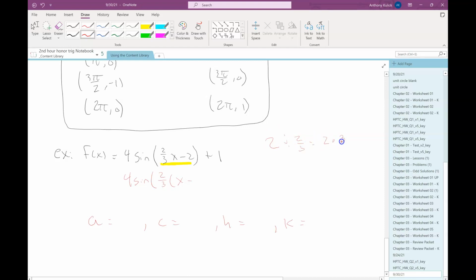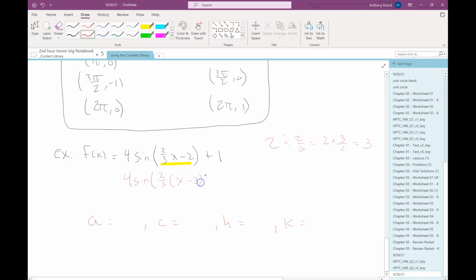Should be something we can do in our heads, right? Dividing fractions is the same as multiplying by a reciprocal. So just 2 times 3/2. Just 3. Everybody's okay?